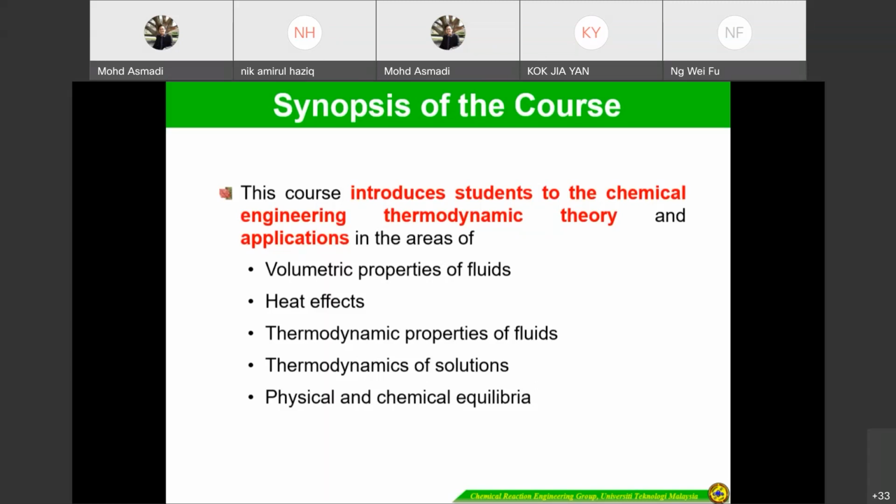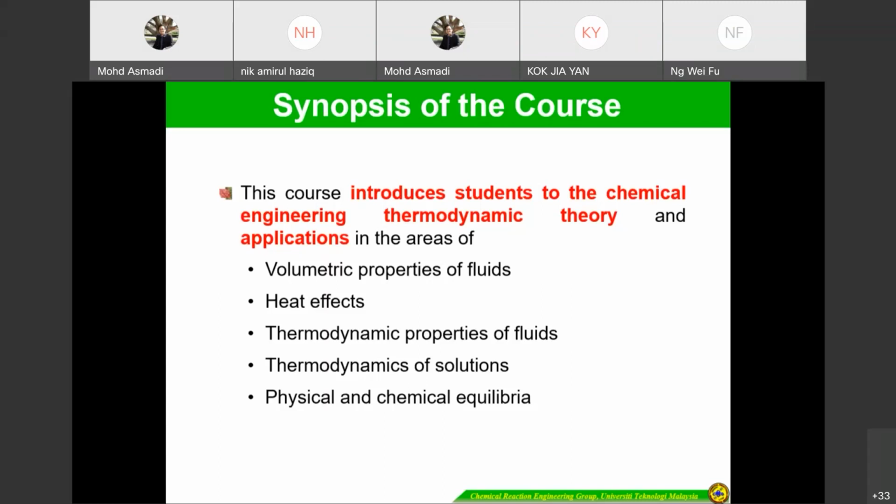Then heat effects: heat of reaction, heat of formation, latent heat, and heat of combustion. Then thermodynamic properties of fluids and also thermodynamic properties of solutions. Chapter 3 to chapter 6 are more on pure substances, and then we will have mixtures after that.